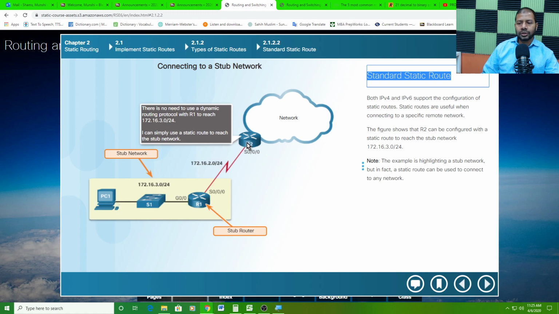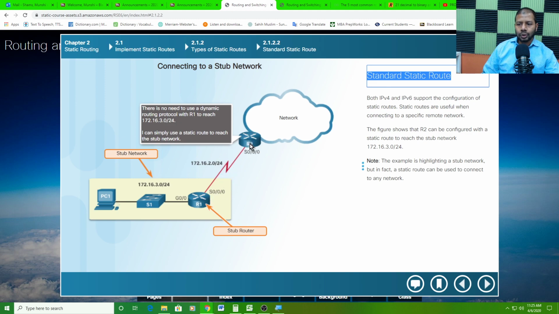So you can actually go into R2 and manually write down that, hey, for this destination network 172.16.3.0, you've got to go out via S0/0/0, this serial interface, or you can write down R1's IP address. Okay, so that's the next hop.